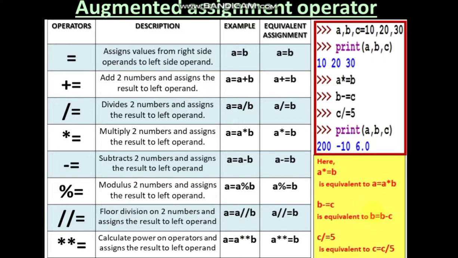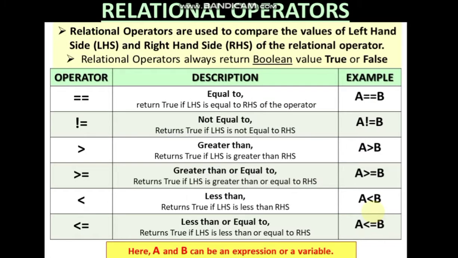So now let's move on to relational operators. It's very interesting. Relational operators are what? Relational operators are used for comparing the values of the left hand side and the right hand side. You must have thought that equal to, which we have just seen, which is an assignment operator, we use it in mathematics as checking whether LHS is equal to RHS or not.